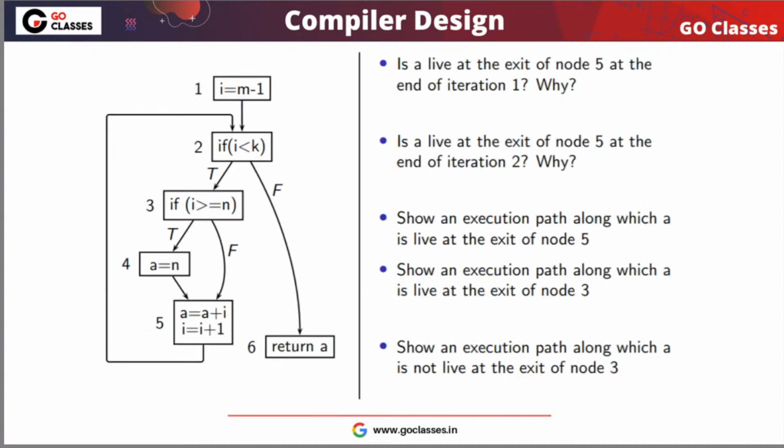Now, without doing the liveness analysis, I want to ask some questions. Nagesh, in the GATE exam, they will not ask you to convert any program into a control flow graph. The GATE exam is objective, not a subjective exam. This is just for your confidence or practice.